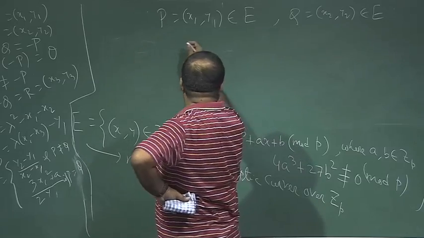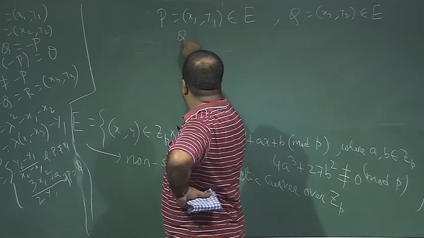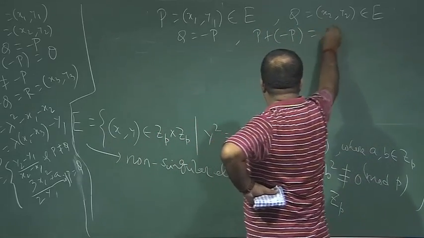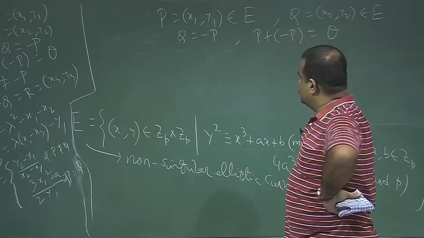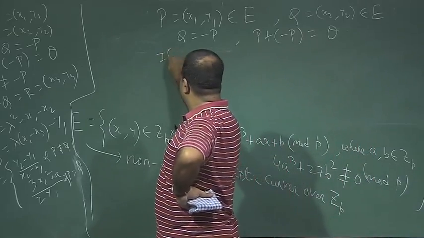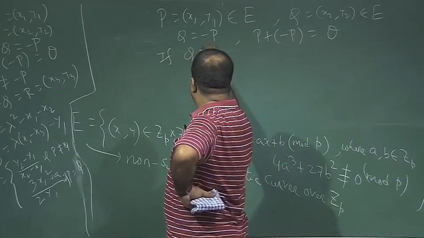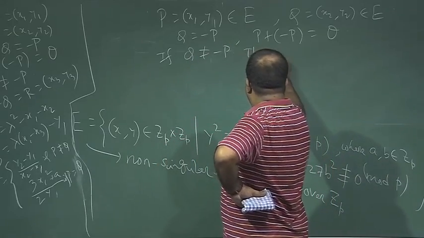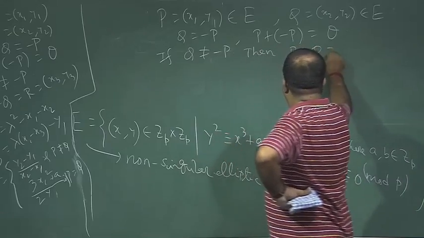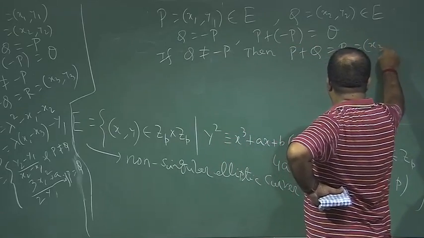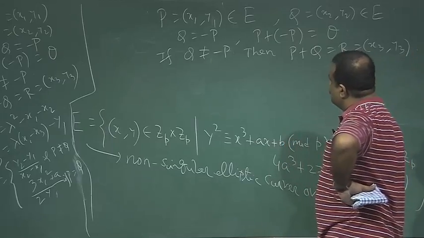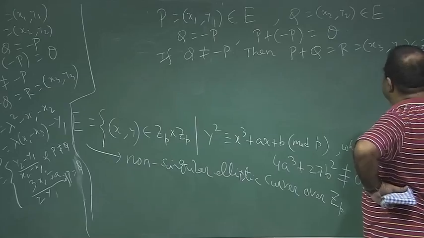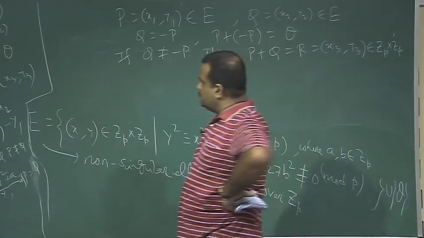If P is equal to minus Q or Q is equal to minus P, then we know P plus Q is the point at infinity. Now, if P is not equal to minus Q, then we define the addition as P plus Q is equal to R, which is (x3, y3), a point in Zp cross Zp, and which is defined similar to this.